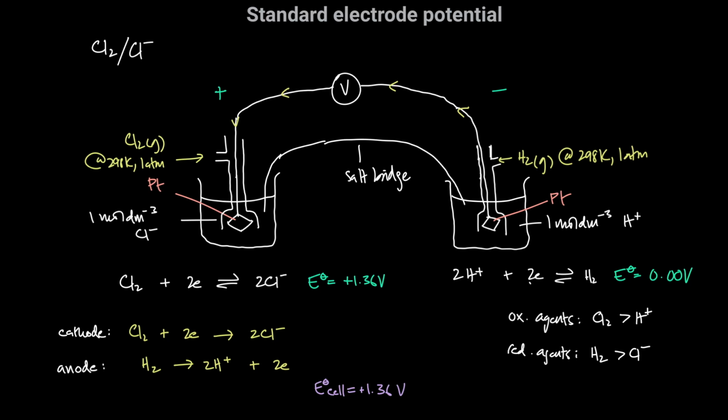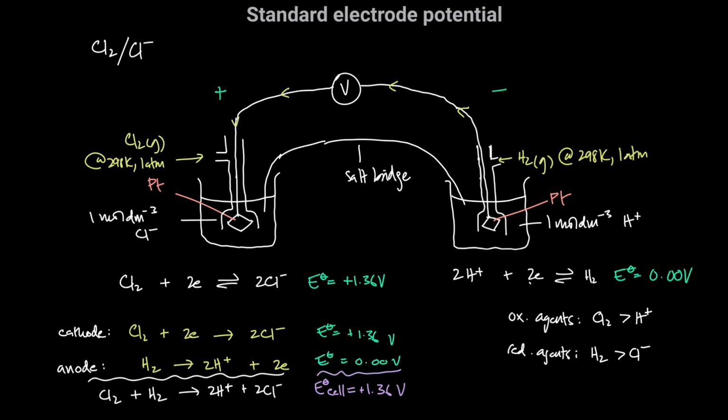And if you look at the overall equation for this reaction, we have Cl2 plus H2 forms 2H plus and 2Cl minus. If you look at the half equations, this half equation has a potential of positive 1.36, and the hydrogen one has a potential of 0.00 volts, and the sum of the two gives us the overall EMF of the cell.